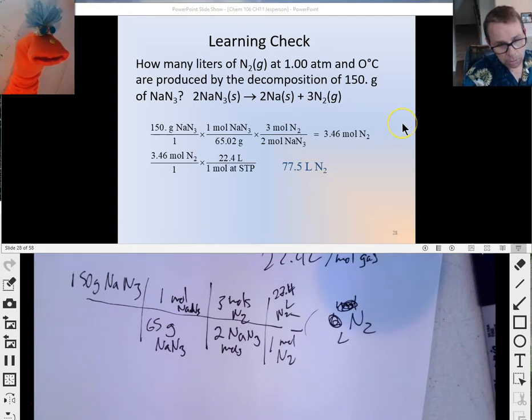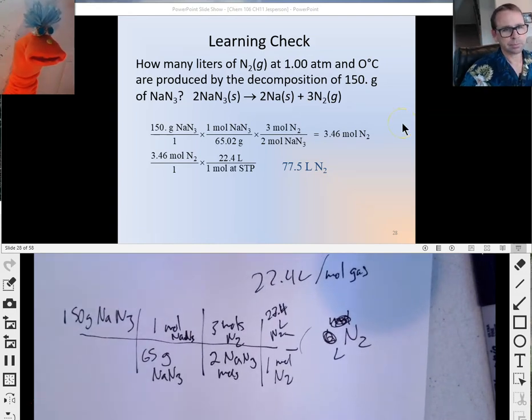All right, so here we have our resulting volume. Again, if we work through this, 77.5 liters of nitrogen gas, because every mole of gas at STP has 22.4 liters.